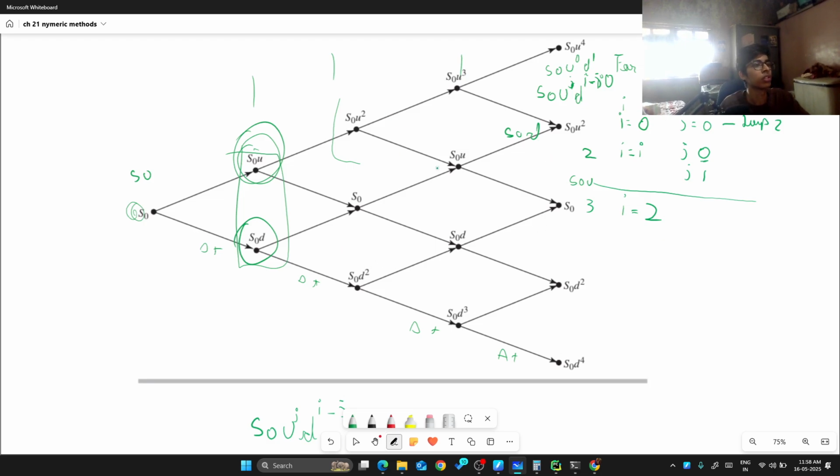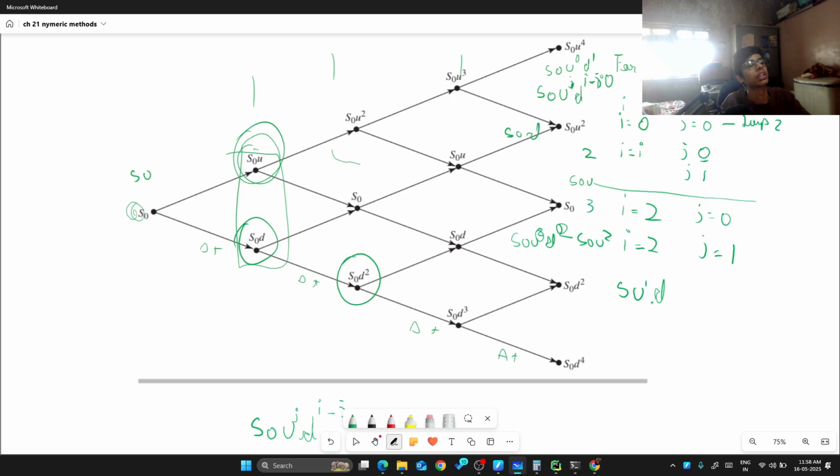If i equal to 2 and j is equal to 0, then S0 d square, because of this formula again. And if i equal to 2, j equal to 1, then our formula would be S0 u^1, and 2 minus 1 is 1, S0 d.